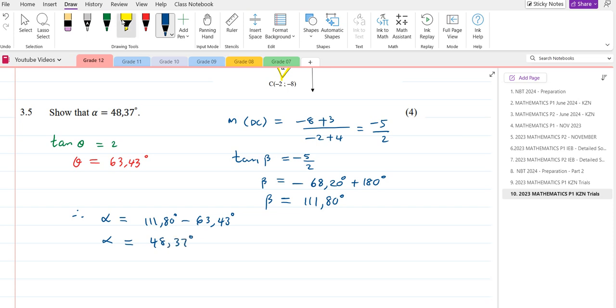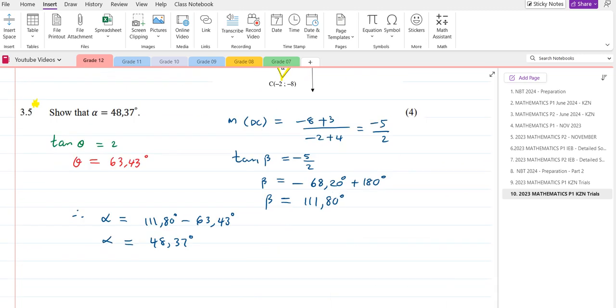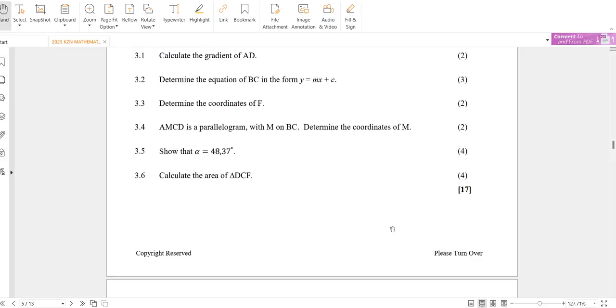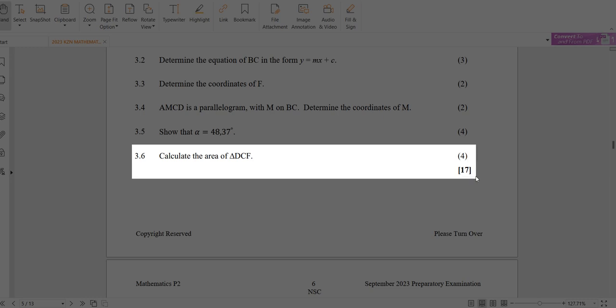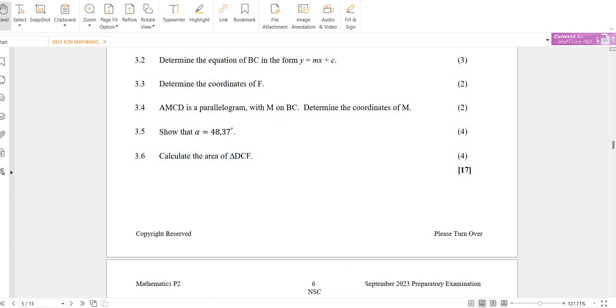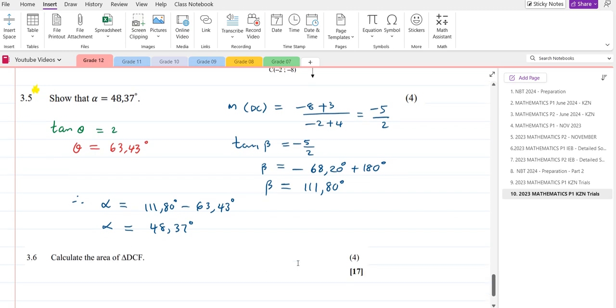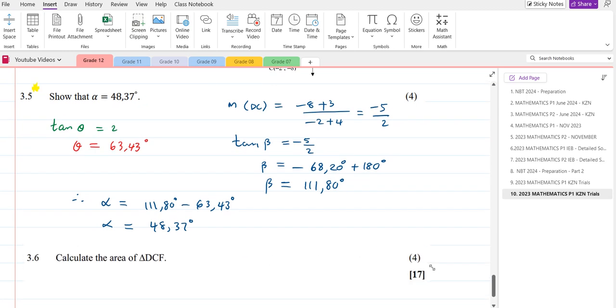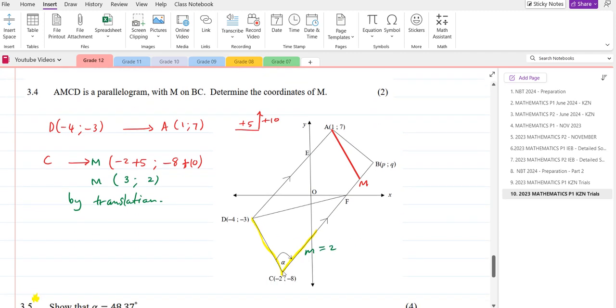Right, so nice question. Right, and solving this next question. What's the next question after this? Calculate the area of triangle DCF. Area question. Now most of the time in analytical geometry, the area question is, calculate the area of triangle DCF.